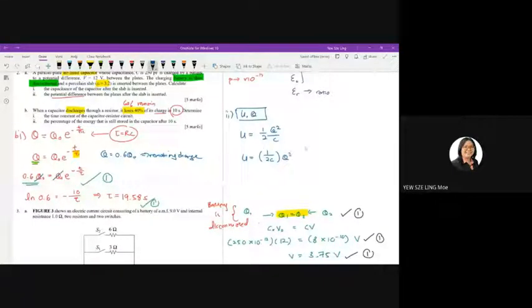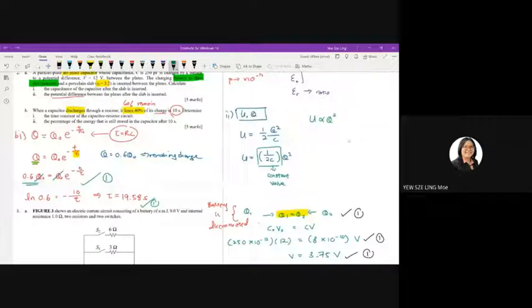Now, the reason why I write it like this is that this whole thing is actually equal to a constant value. Meaning that if you have this equation, then what we can say is U is directly proportional to Q squared.